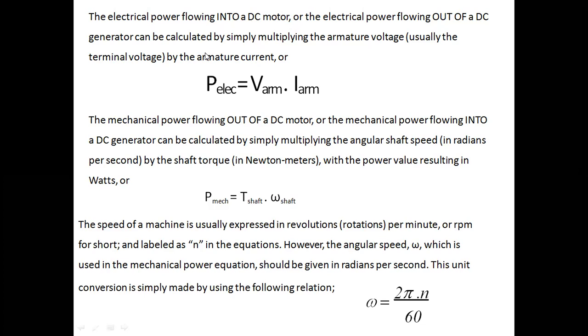But we are also aware of the mechanical power, which is related to the angular velocity and torque, because when the motor rotates, it depends on the speed of the shaft.